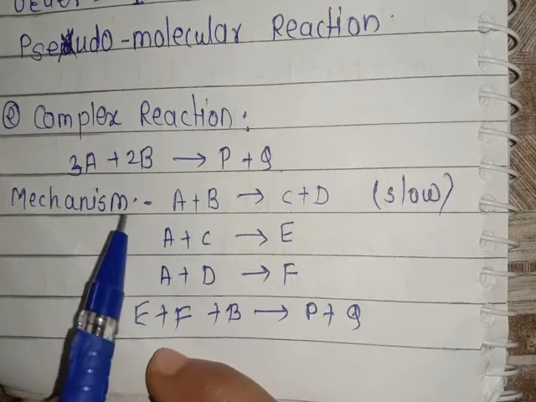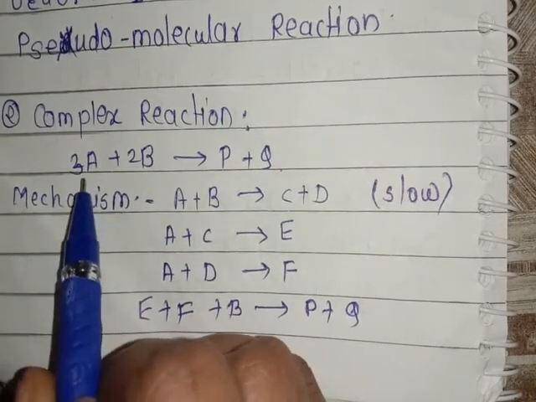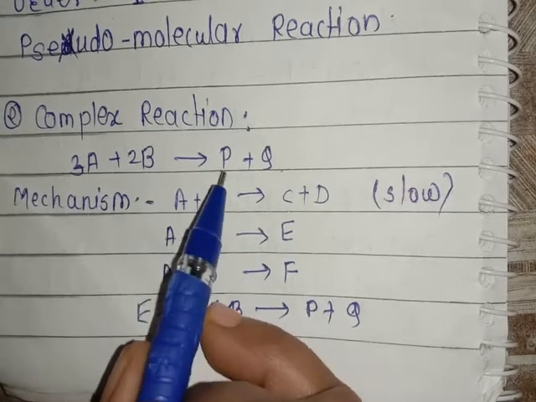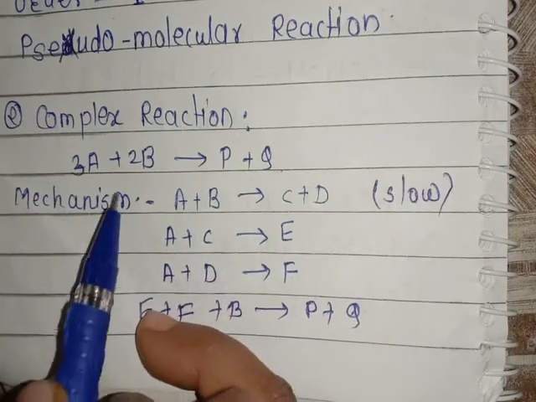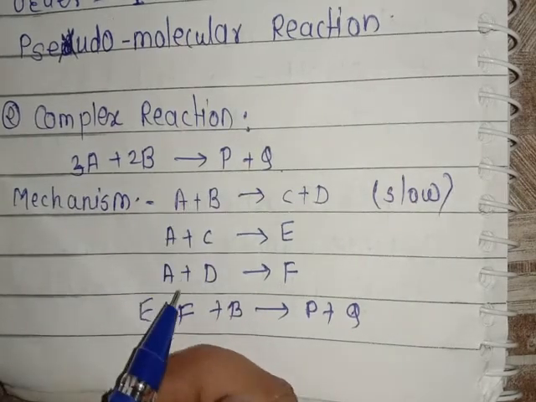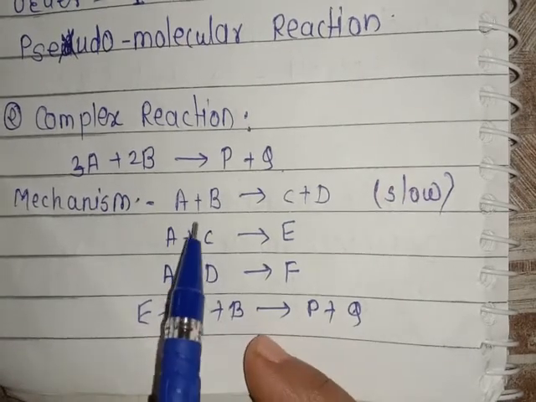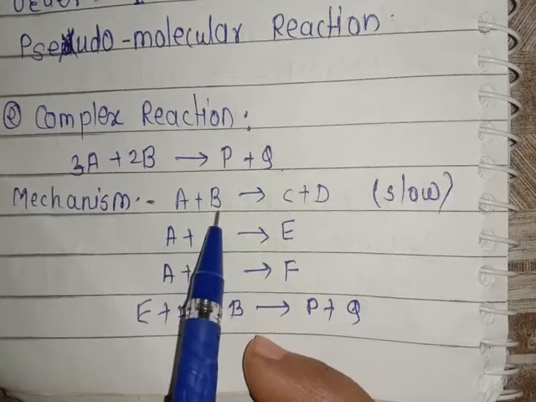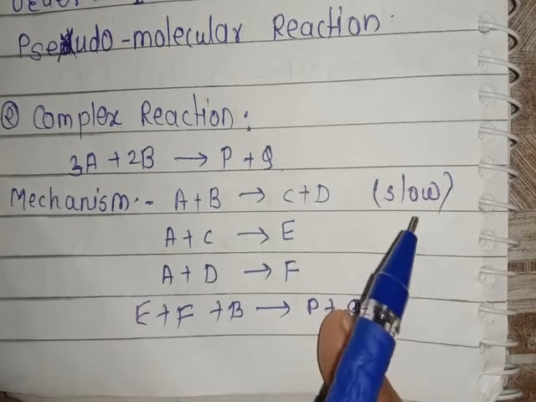In a complex reaction, for example, we are considering here 3 moles of A and 2 moles of B getting converted into P and Q as products. The mechanism for this reaction is given as below. In this mechanism, the first step, A plus B converted into C plus D, is the slow step.